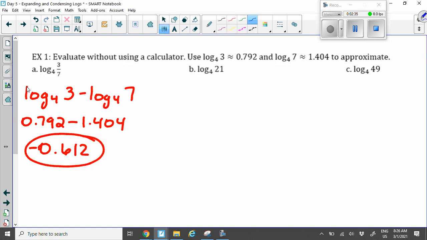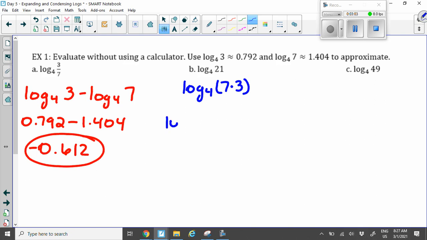Okay, let's look at our next one. We have log base 4 of 21. Now, we really don't have any numbers that have 21, and it gives us the approximation. So let's manipulate this, thinking about how can we use the numbers 3 and 7 to get 21? Well, we know 7 times 3 gives us 21. So I'm going to rewrite this as log base 4 of 7 times 3. Now, this is our product property, so that means when we expand, we're going to add.